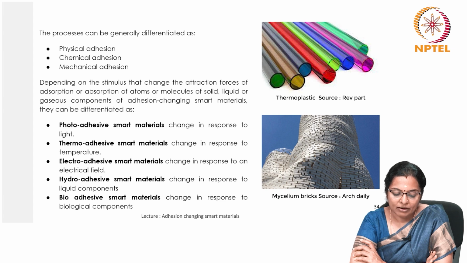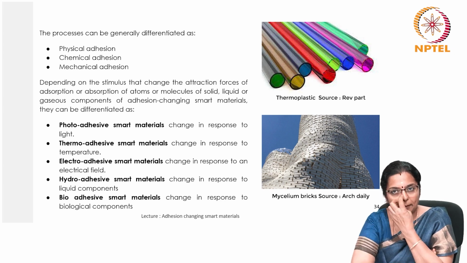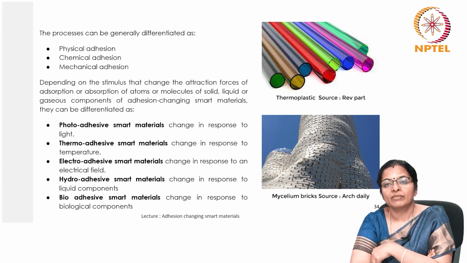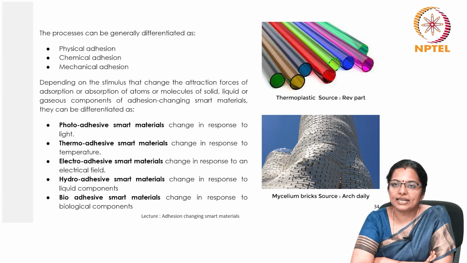Under this, we have photoadhesive smart materials. These change the attraction forces of adsorption or absorption of atoms or molecules of solid, liquid or gaseous component as a response to light. Second is the thermoadhesive smart materials.